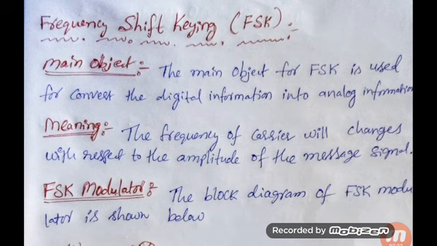Already we know the object and meaning. The main object of FSK is to convert digital information into analog information, and the meaning is that the frequency of the carrier will change with respect to the amplitude of the message signal.